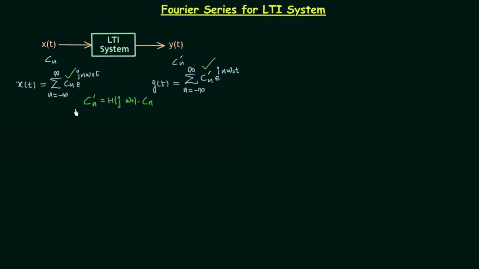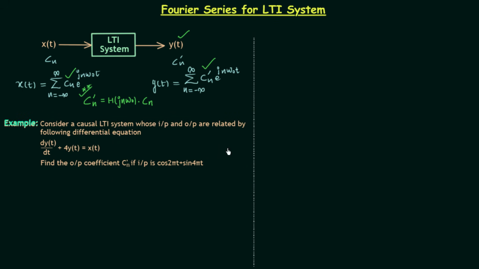For different values of n, we have different frequencies, and for different frequencies, we have different coefficients and also different frequency responses. So finally, we have Cn dash equal to H(j n omega naught) multiplied by Cn. This is an important formula to obtain the coefficient of the output.